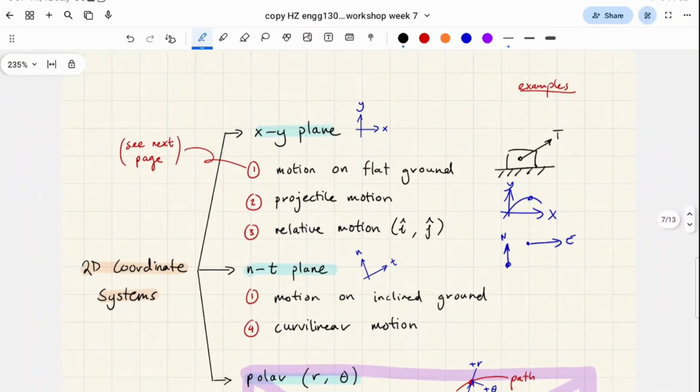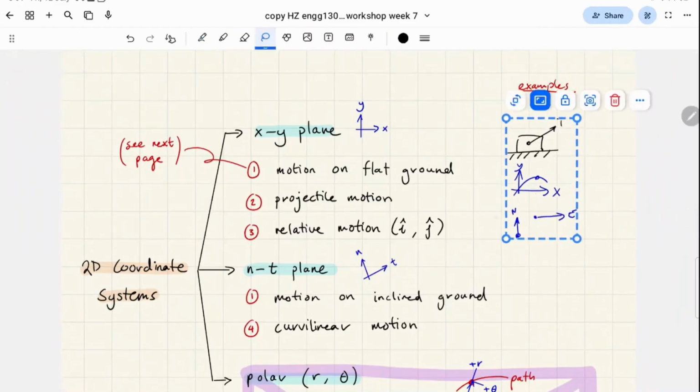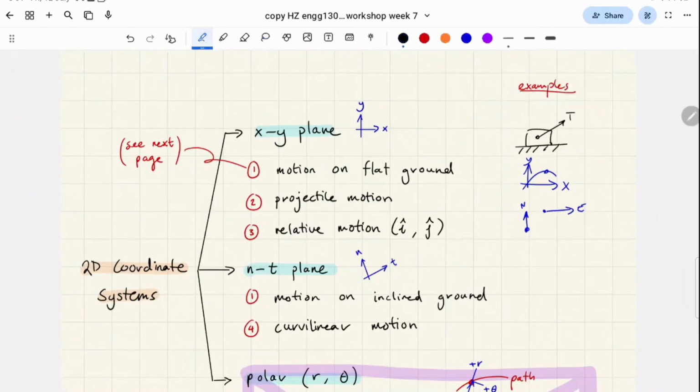And then the NT plane helps when you're solving questions to do with motion on inclined ground, which looks like this. Generally, it helps to solve everything in terms of this normal tangential plane, because of the first step in solving these kinds of questions, and we'll get into more detail about this next week: the direction of the weight, right?